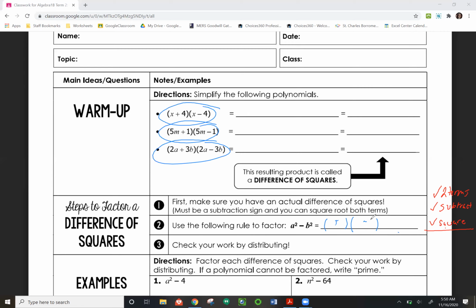Now, all we're going to have to do is, once we identify what our bases are, we're going to take those bases and fill them in. We'll write the a here and the b there, and the a there and the b there. So it's going to feel like when we're factoring, all we're doing is just filling in missing pieces and we're done. As always, you will be able to check your work by distributing to see if you get the original expression back.